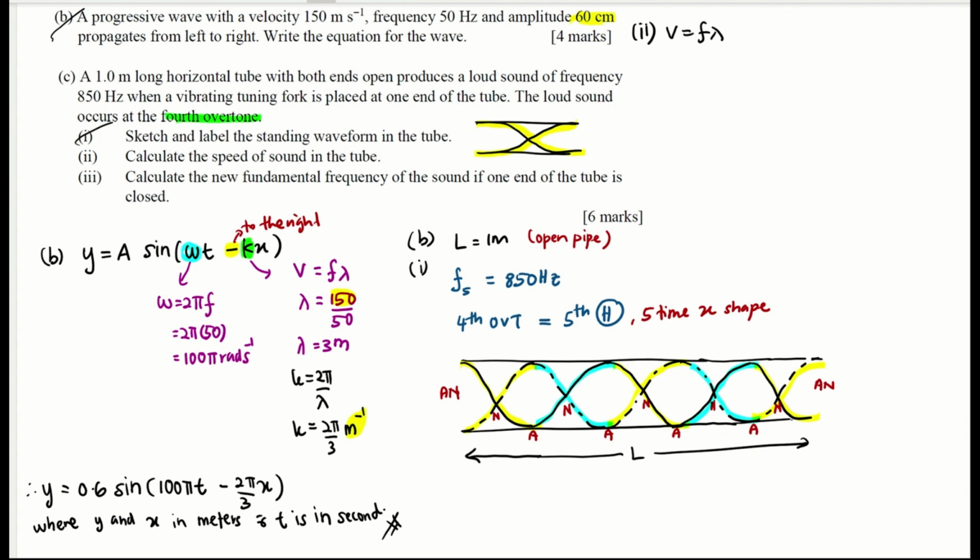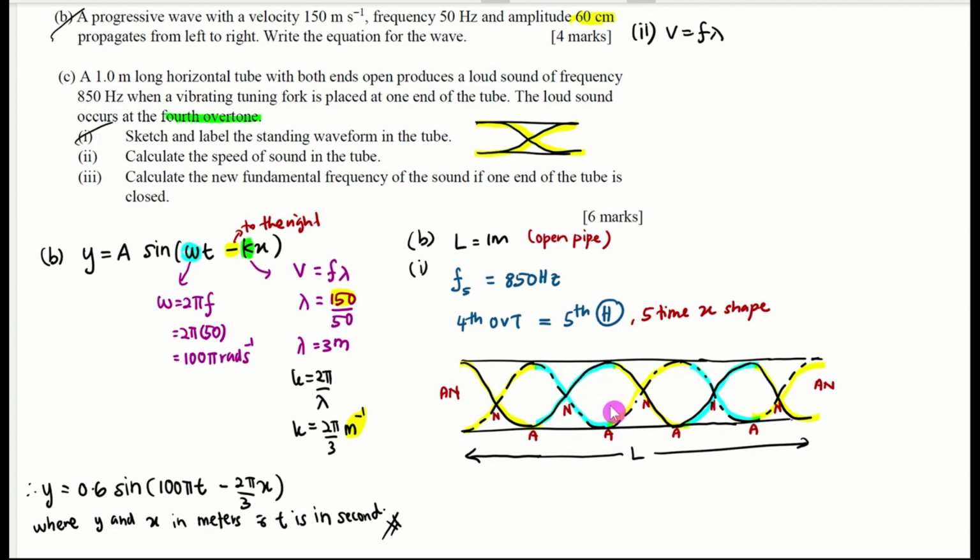Ada 2 cara. Okay. So pertama sekali, frekuensi kita dah ada. Frequency of the fifth harmonics. Alright. And then lambda, you need to find lambda. Lambda tu nak dapat dari mana? So daripada sini you tengok pada pattern yang you lukis ni. Okay, so based on this pattern, remember, so this is half and this is 1 lambda.